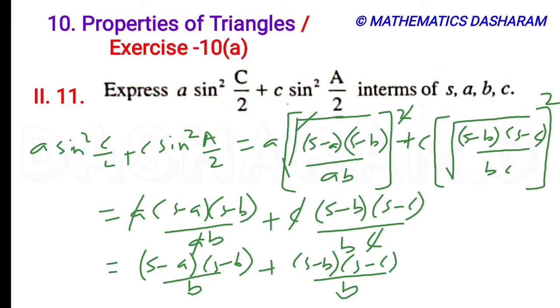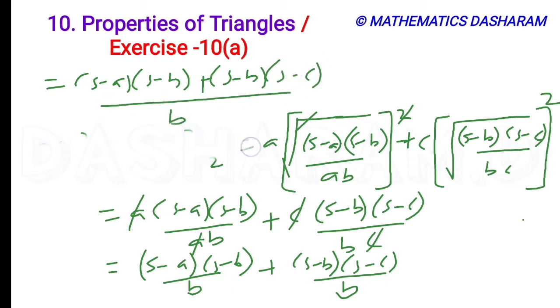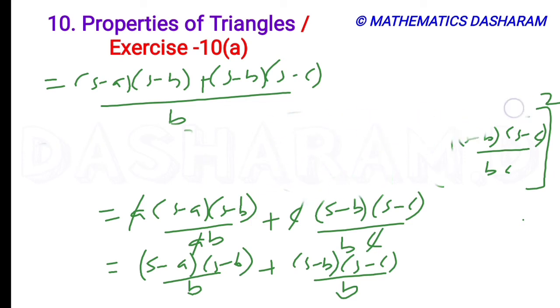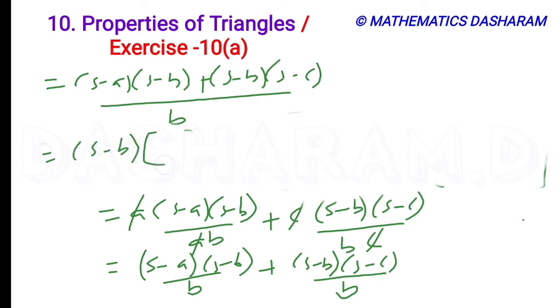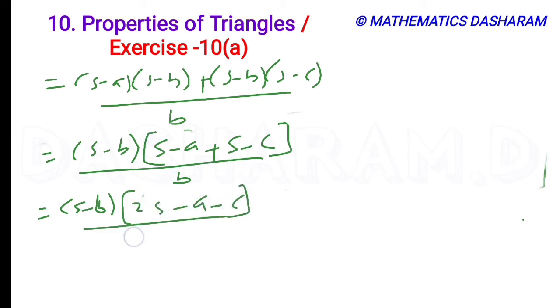The denominators are the same, so add the numerators as they are. In the numerator we can take s minus b common. So here (s minus a) plus (s minus c) divided by b.